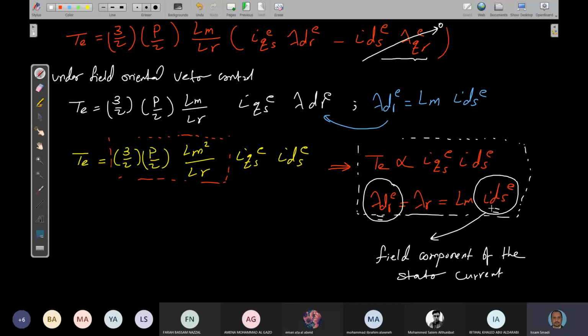If IDS is the field component of the stator current, then IQS will be what? The torque component of the stator current.